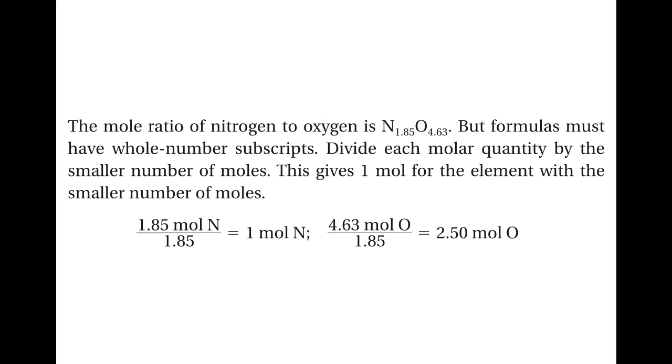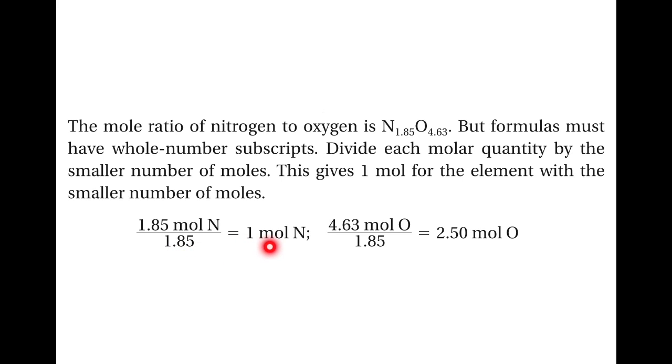So in this case, when you have a formula, you know that you cannot have a non-whole number. Like N 1.85, O 4.63 doesn't work. That's why we are dividing everything by the lowest mole that we've gotten first.